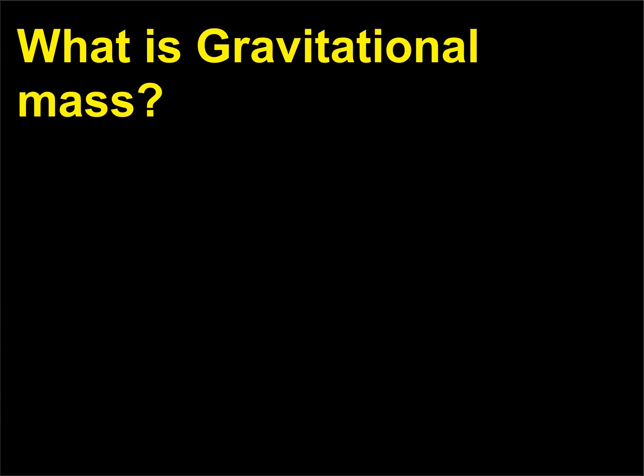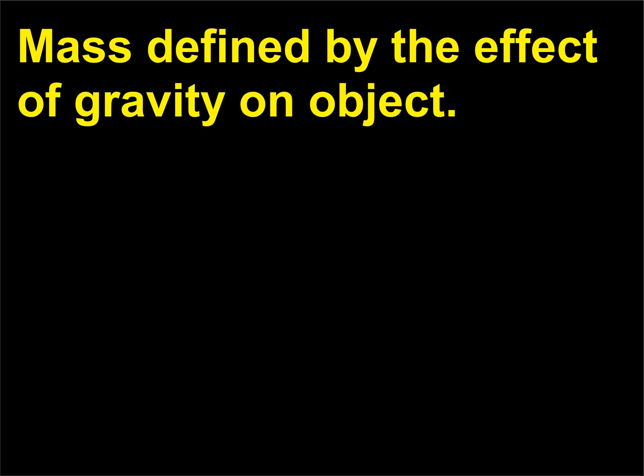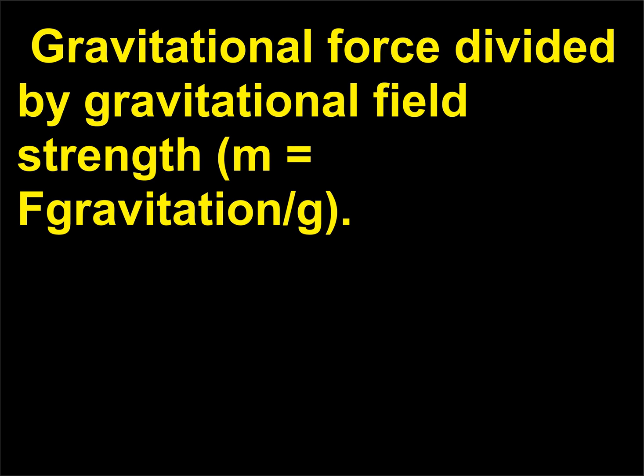What is gravitational mass? Mass defined by the effect of gravity on an object. Gravitational force divided by gravitational field strength, m equals F gravitation over g.